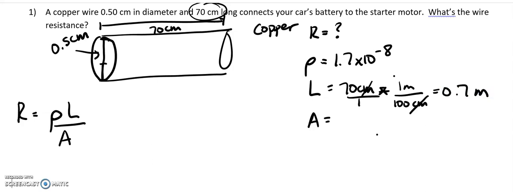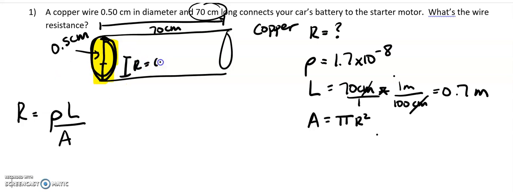Well, A is the cross-sectional area. So it's like if you take the area of one section of this. Okay, so this looks like right here for shape. That looks like a circle. So the area is just going to be pi r squared in this case. R is the radius. Okay, so the diameter is 0.5 centimeters, so the radius is going to be half of that.